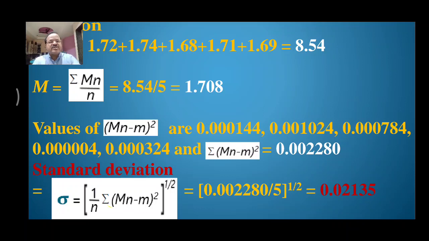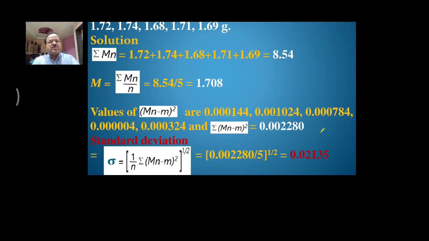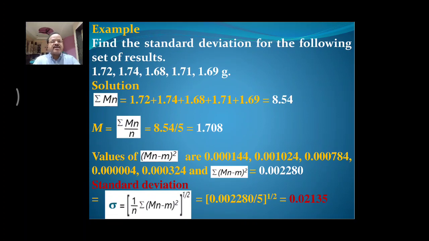Now we have this summation of Mn minus m square, divided by n, that is 5, raised to half, and this comes to be 0.02135. So this is how we can find out the standard deviation.